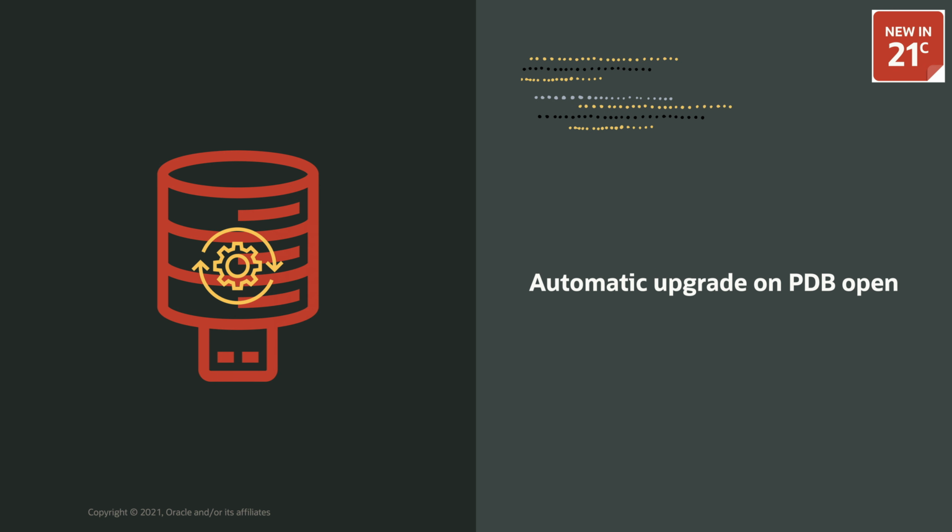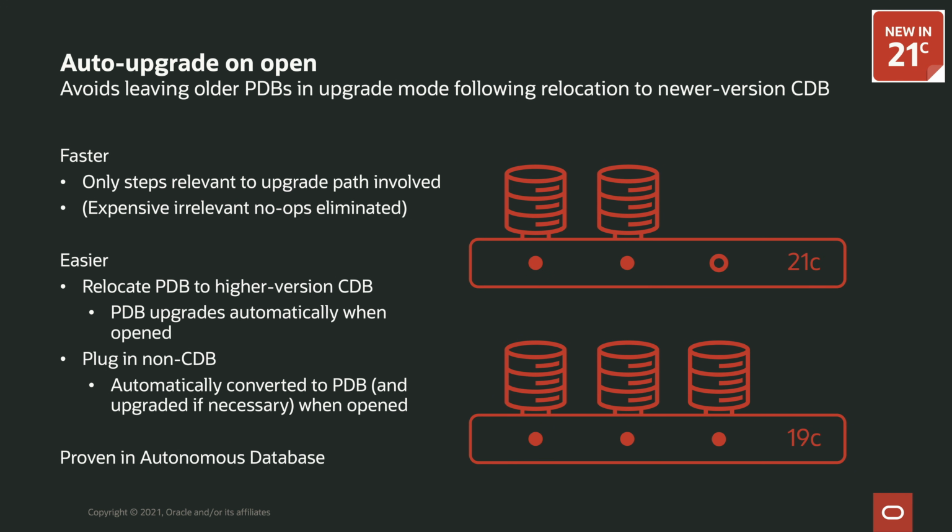This new upgrade infrastructure enables fully automated upgrade during operations when a PDB is first opened after it's been moved to a higher version CDB. We introduce these new capabilities with release 21c, where we automatically run any required upgrade or conversion scripts. So just plug it in and open it up. If an upgrade is required, that will be done for you.